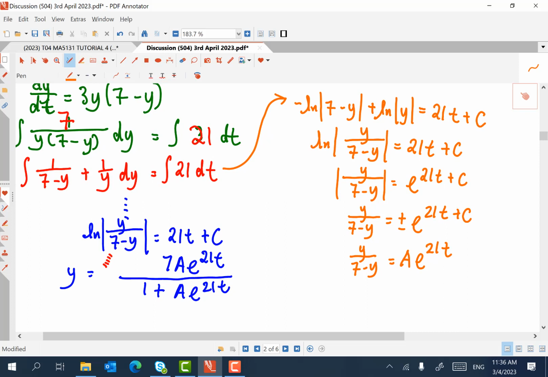Okay, this is how I got to this. From this line I haven't got to the last line yet.